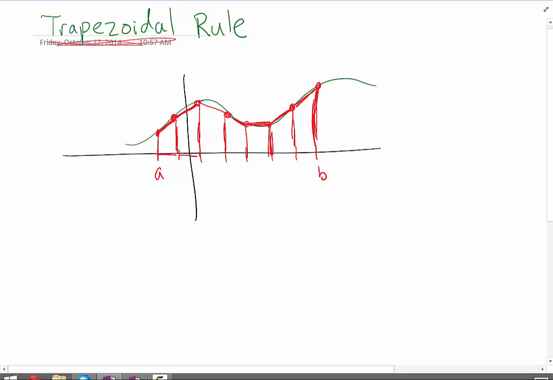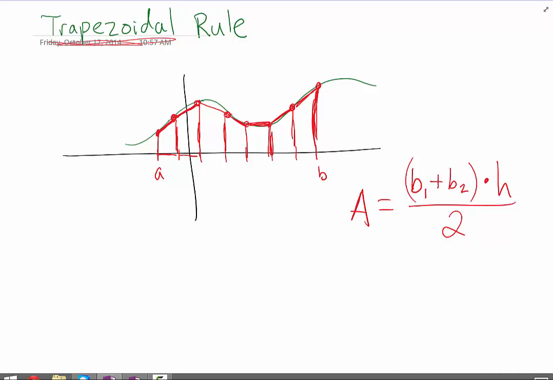And if you remember from geometry, the area of a trapezoid is base 1 plus base 2 times the height, divided by 2. In this case, you'll notice the height is actually what we had been calling the width.